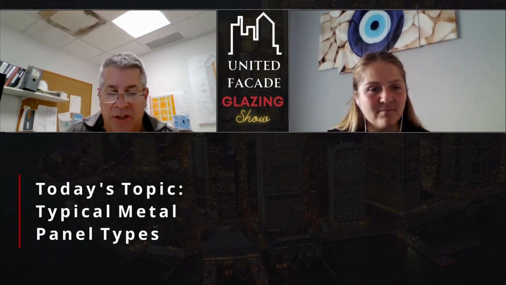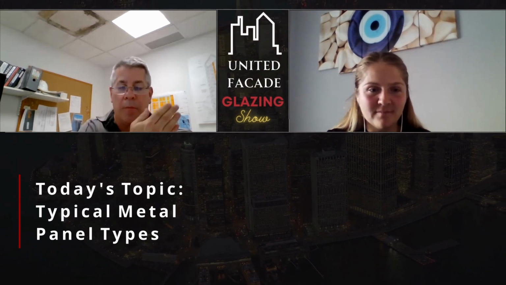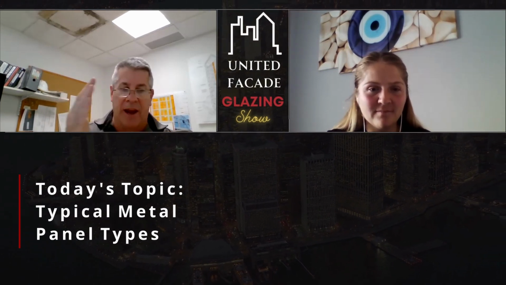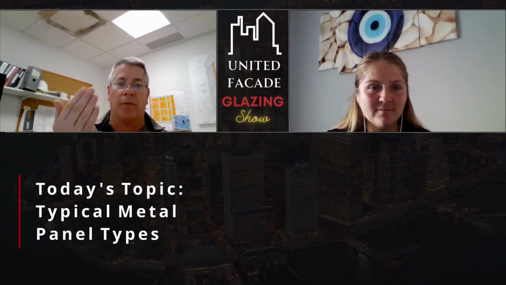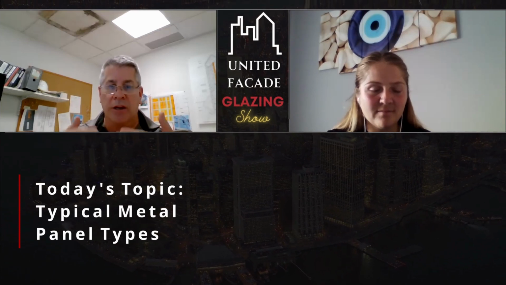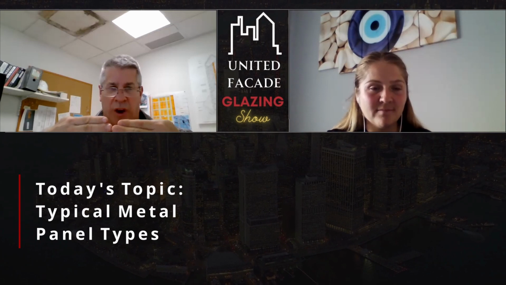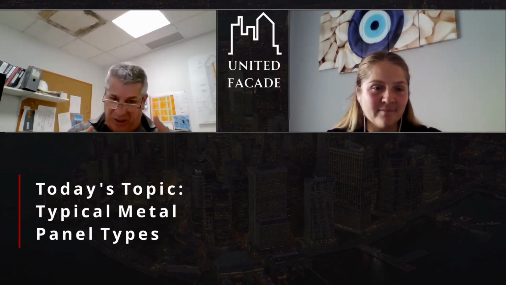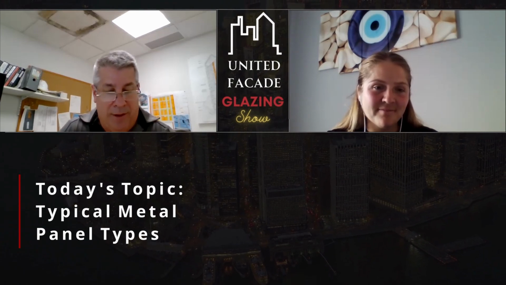I've seen things more commonly being segmented when you're trying to make an arch or a round area. You'll segment panels, so it gives you the appearance of a round from far away. But if you get up close, you're not going to see that perfect round. You're going to see panels that almost have a straight to a straight with an angle between them, but it's a very slight angle just to give you that appearance of being in an arched area.